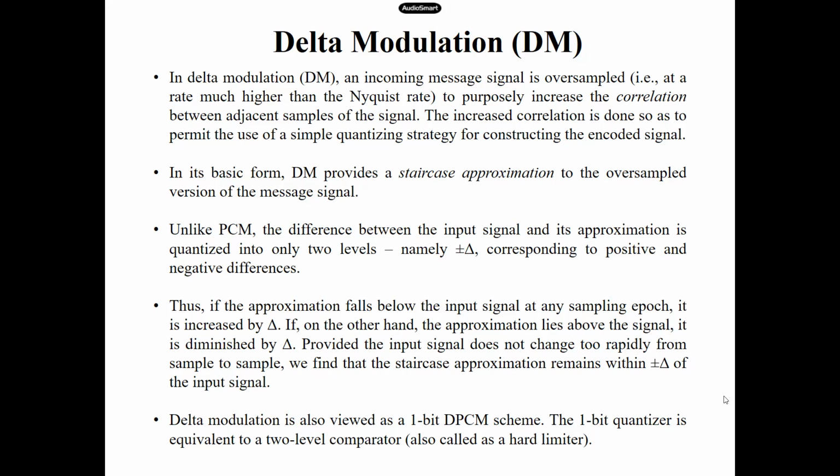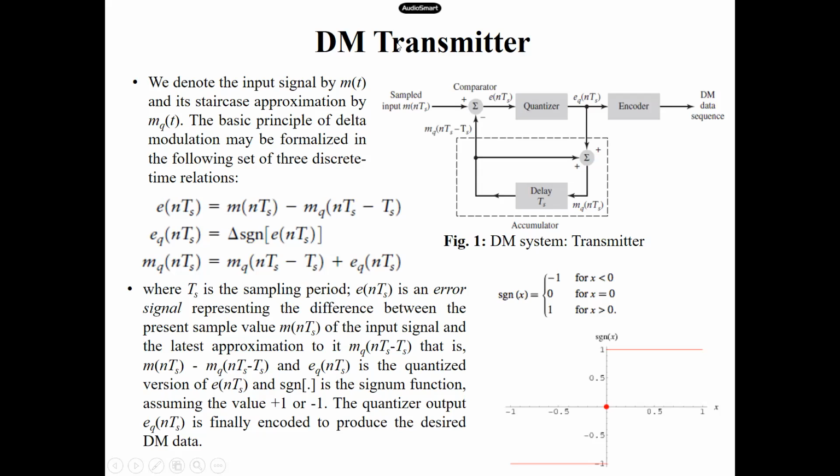The 1-bit quantizer is equivalent to a 2-level comparator, which is called a hard limiter circuit. If we compare it with DPCM, this part remains the same.